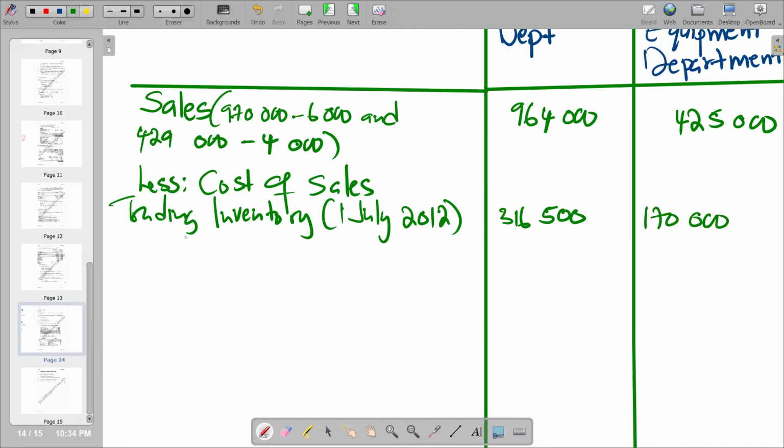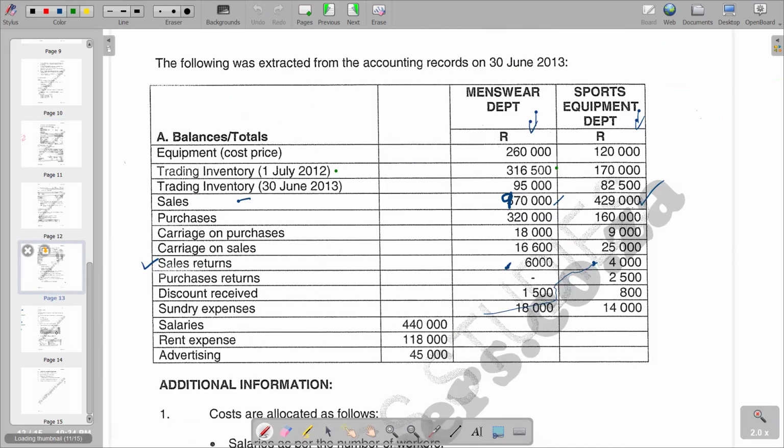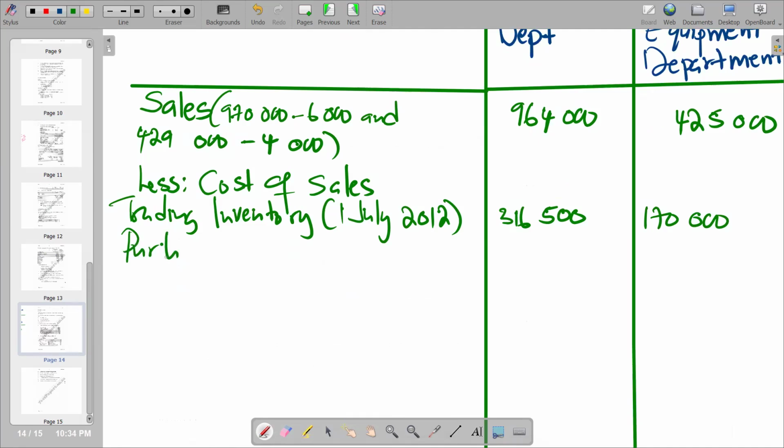Then from there, according to our formula, remember we are saying after opening stock, we add our purchases. If you have got returns, we subtract the returns so that we put the net purchase figure, like what you did to sales. So we are saying purchases. We check according to the information given.